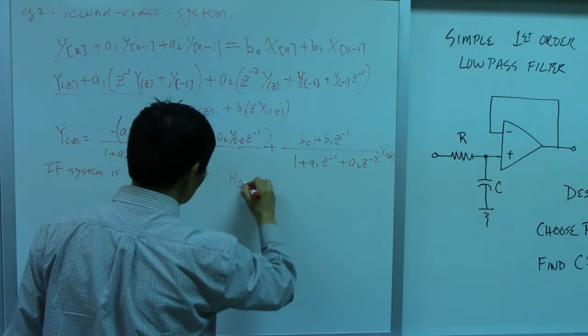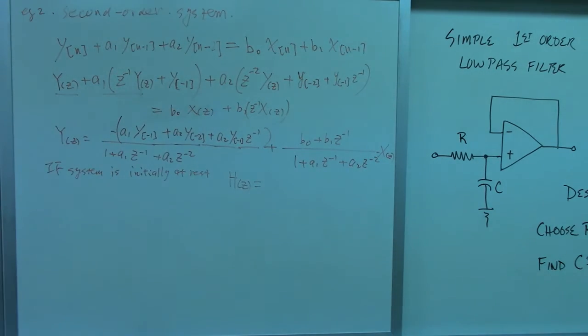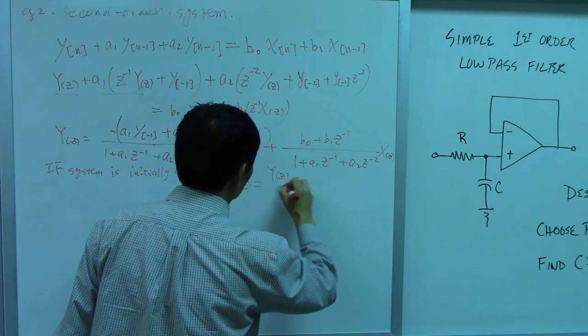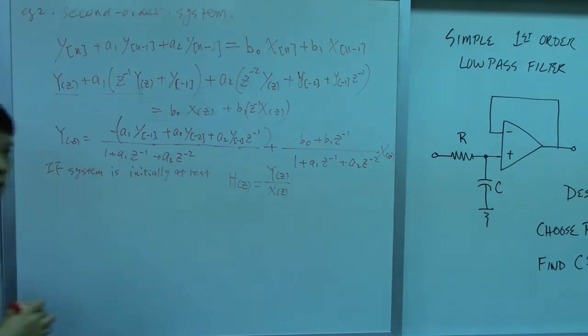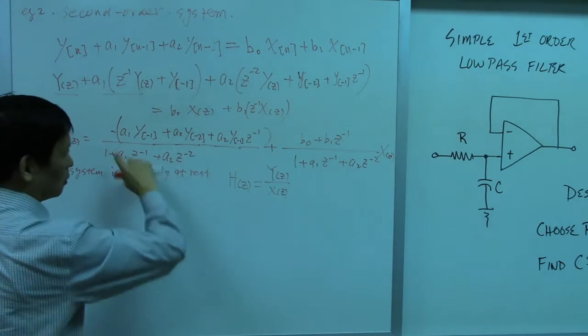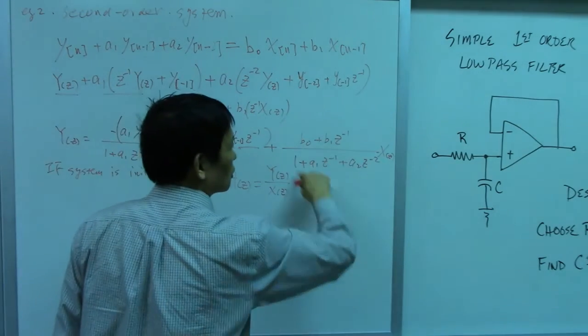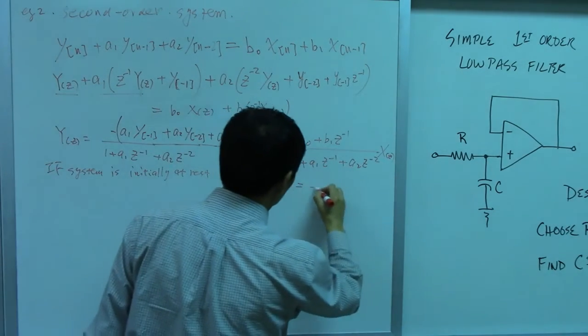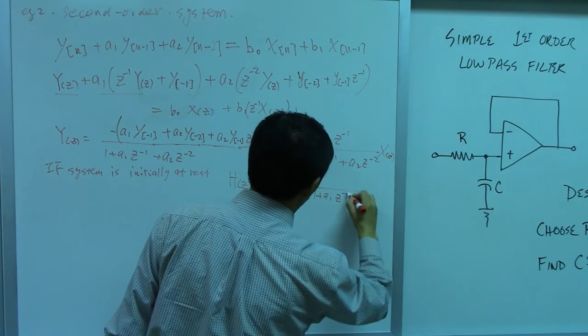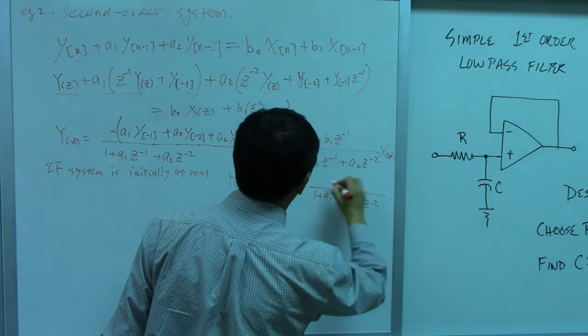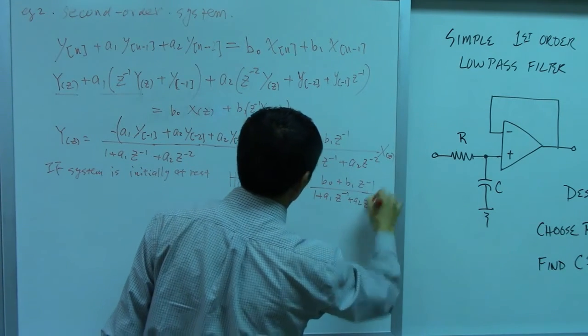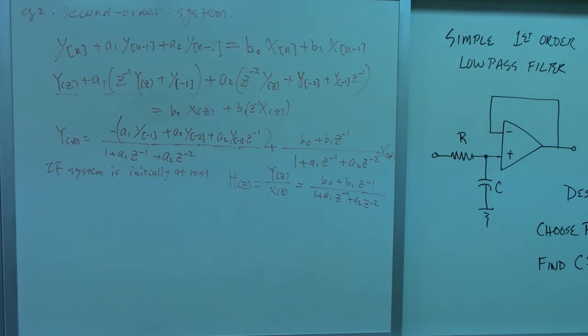Then the transfer function is defined by the output over the input: the Z transform of the output over the Z transform of the input. If this term is gone, then Y(z) over X(z) will be equal to just this part: 1 plus a1 z to the -1 plus a2 z to the -2 in the denominator, and b0 plus b1 z to the -1 in the numerator. So this is the system function.